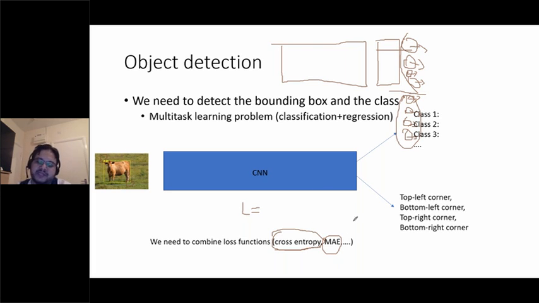You just have to specify it in one line of code, or sometimes you write your own loss function. But we need to know that in this case, we call this multitask learning. We have 2 types of things that we are predicting: the class and another task, which is the bounding box.